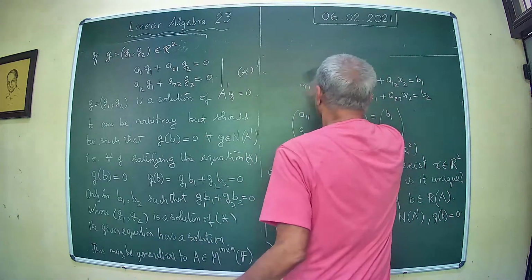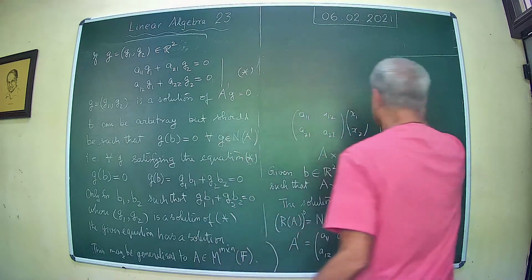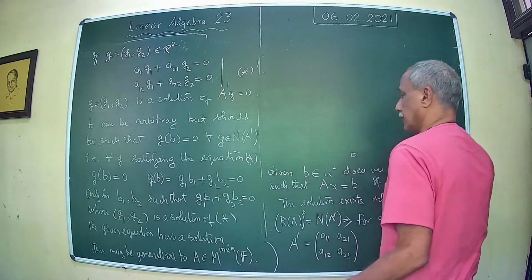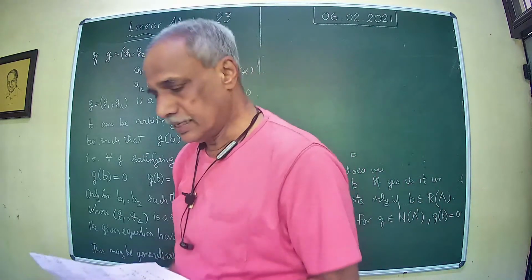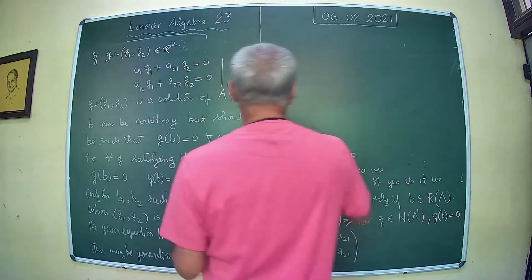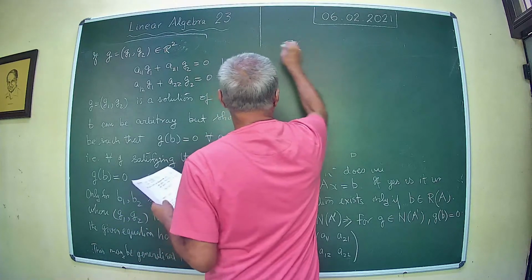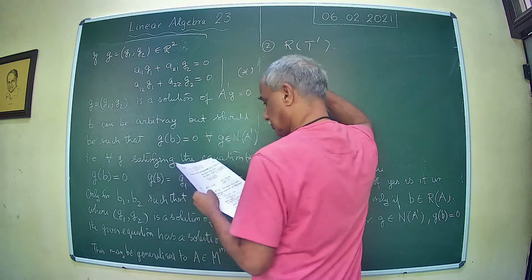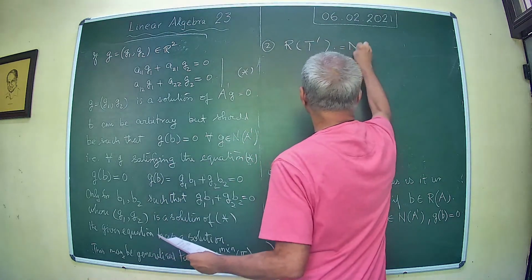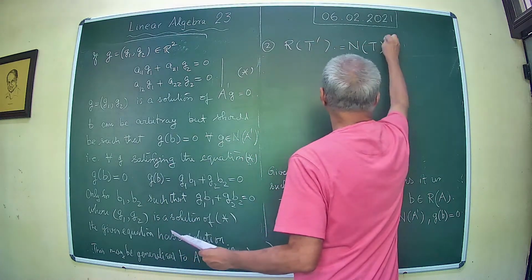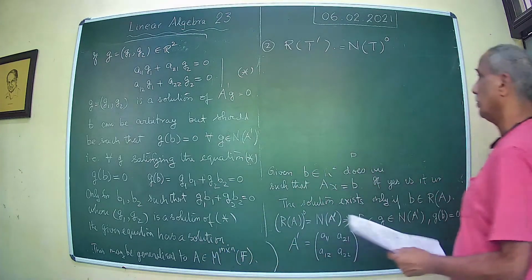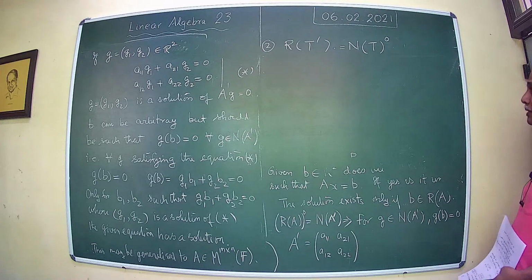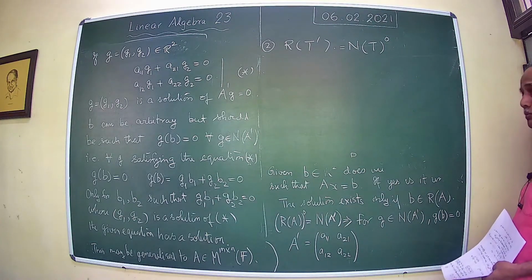Another remark I want to make is on the second statement that you have. The second statement says that the range of T prime... so we get a complete clear-cut estimate of the range of T prime.